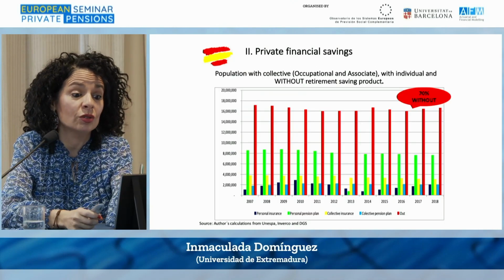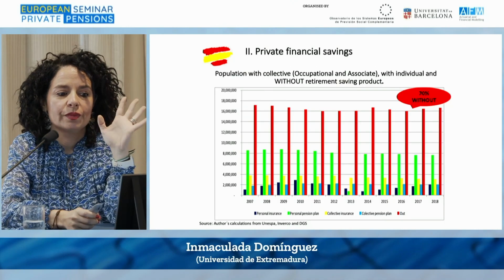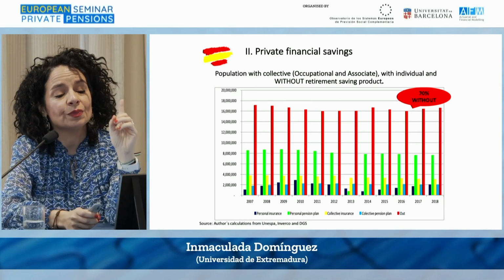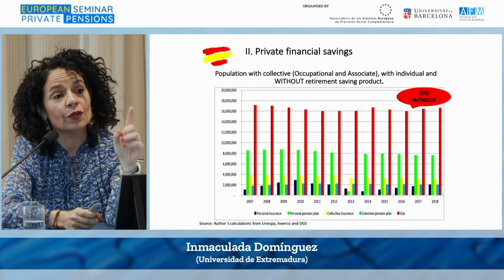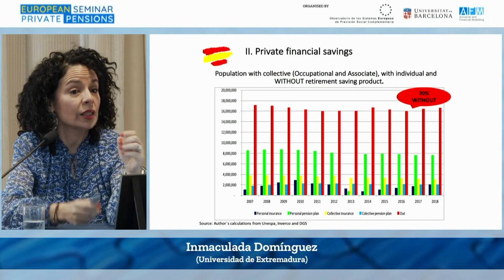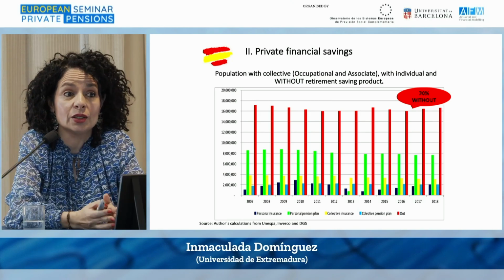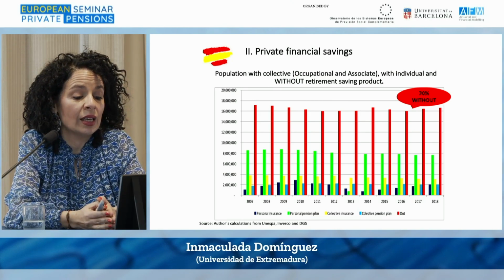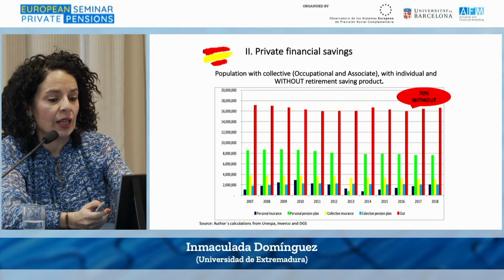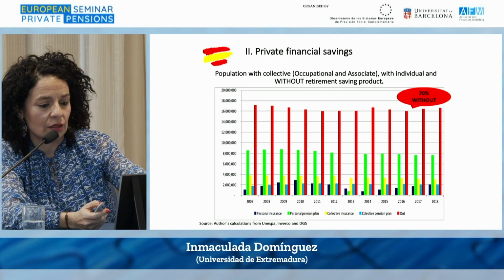And so this graphic is very important, because you can appreciate here that 17% of the population in Spain has no retirement saving product. It's logical, but it's the situation. And the red is the amount, and this amount is over all the time.